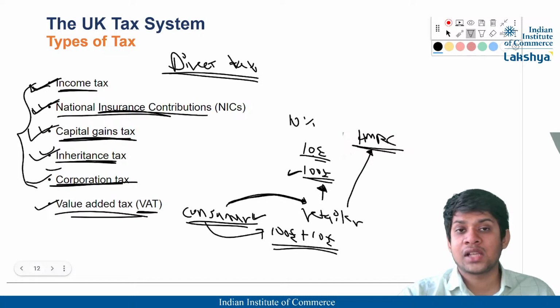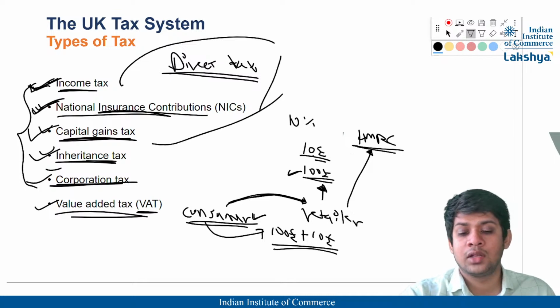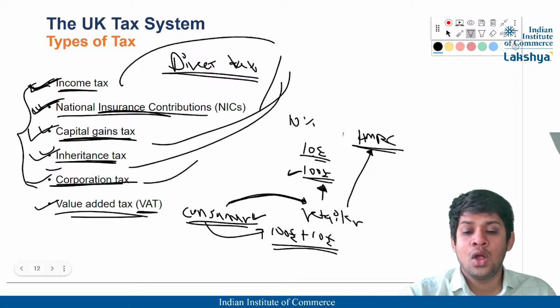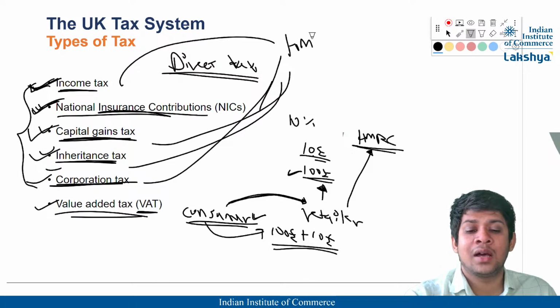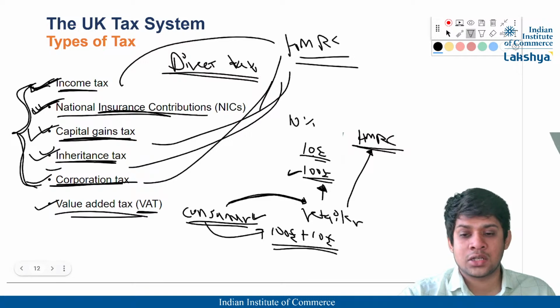Right? Corporation tax, guys, always remember, is only charged to a company. So all these are my direct incomes that I'm generating, and directly I'm paying tax on it to HMRC, right? That means to the taxable authority. On all these incomes, I'm directly paying the amount to HMRC. Okay. So these are known as direct taxation.